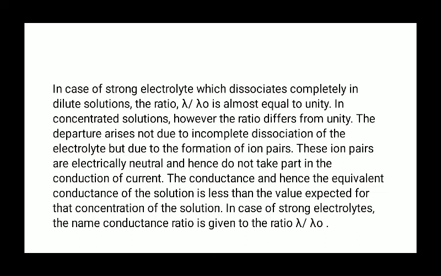These ion pairs are electrically neutral and hence do not take part in the conduction of current. The conductance, and hence the equivalent conductance of the solution, is less than the value expected for that concentration. In case of a strong electrolyte, the conductance ratio is given by the ratio lambda upon lambda 0.